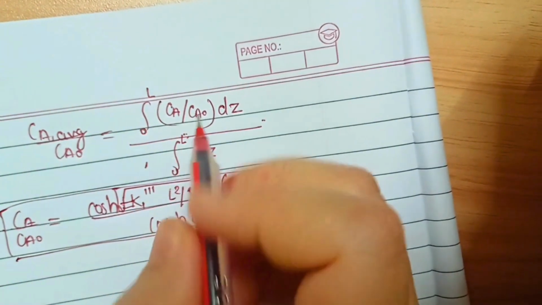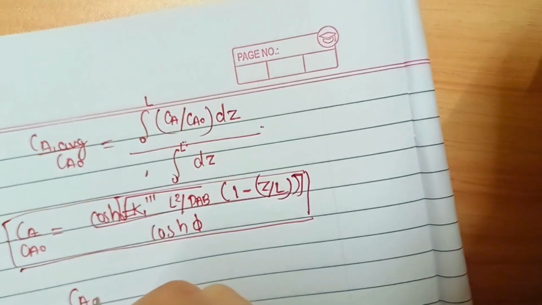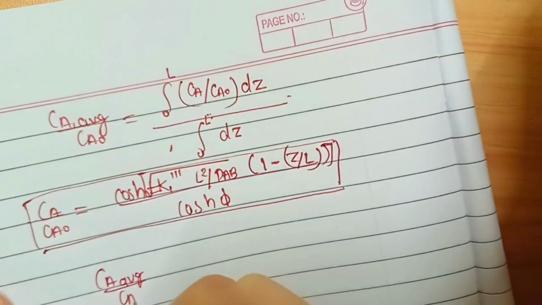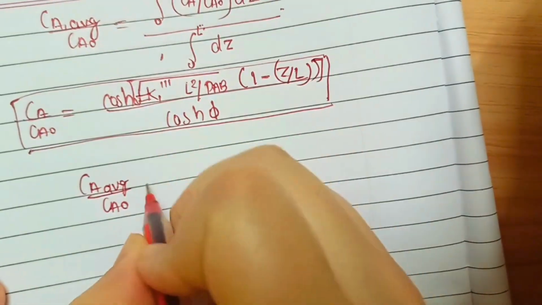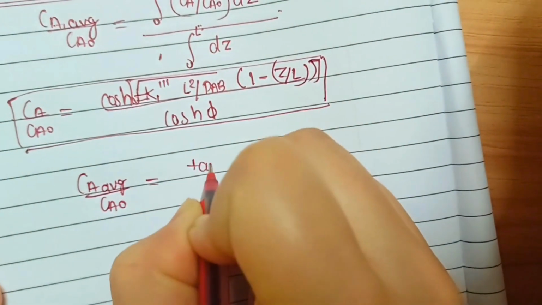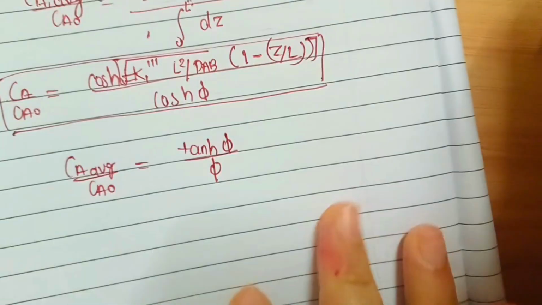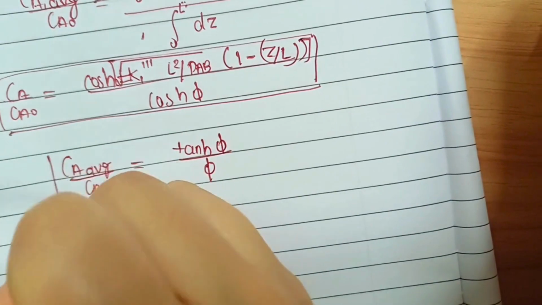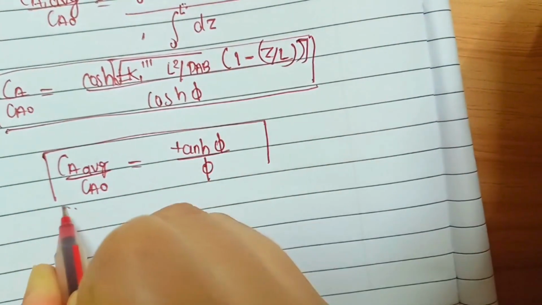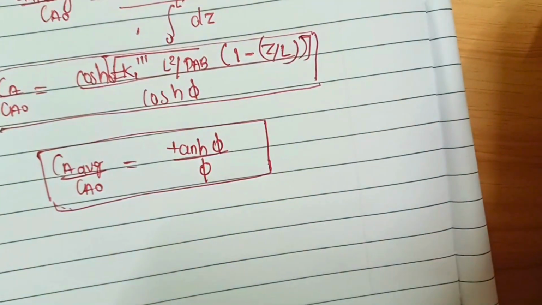After solving this we get Ca average upon Ca naught equals tanh phi upon phi. So this is the equation for the average concentration.